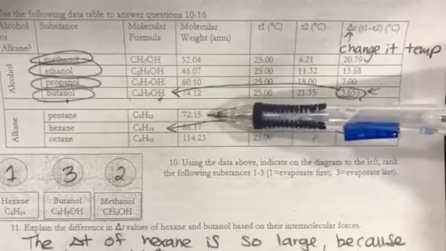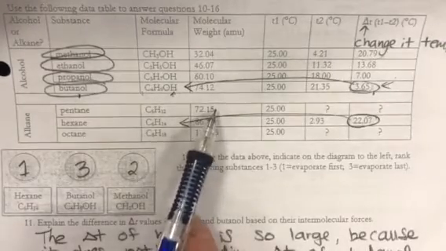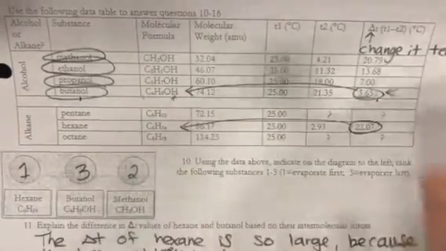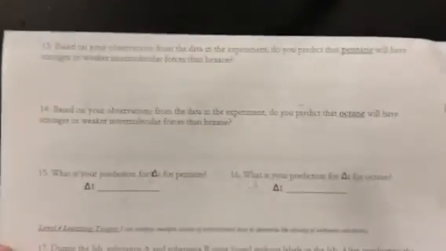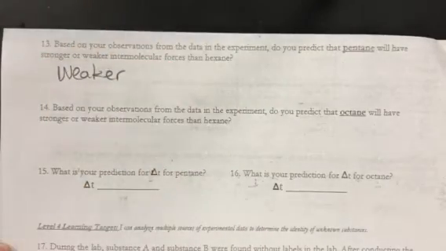Pentane has a molecular weight of 72.15, so it is a lighter molecule, and lighter molecules will be weaker. Based on the observation, pentane will have weaker intermolecular forces than hexane.